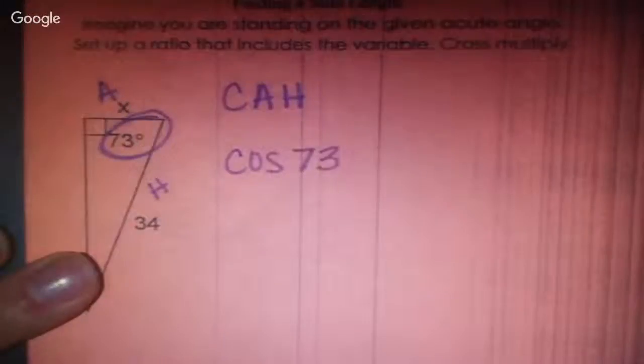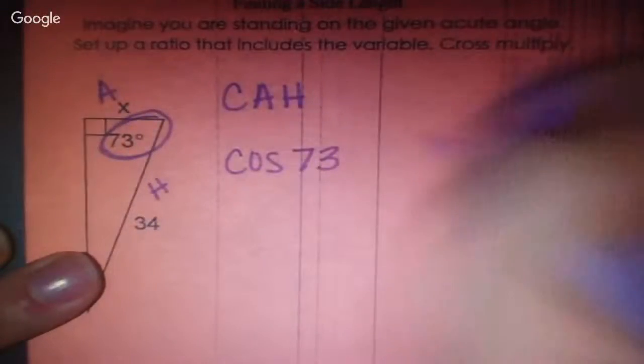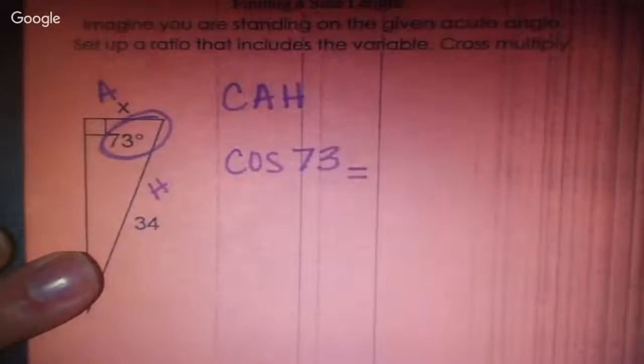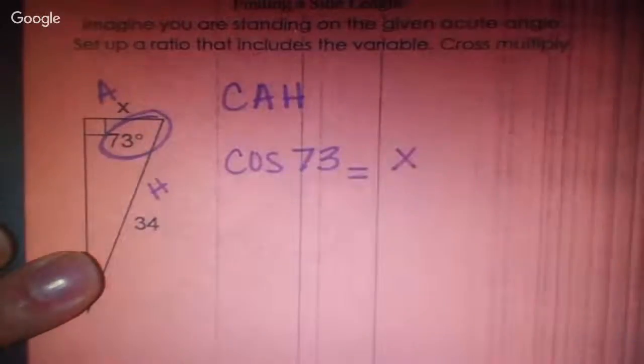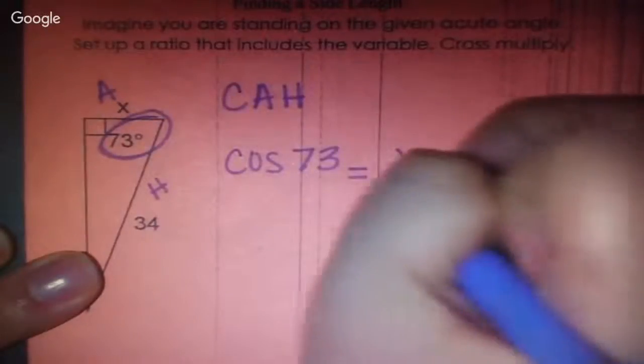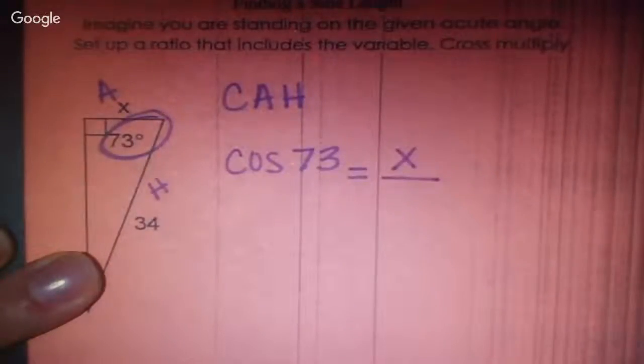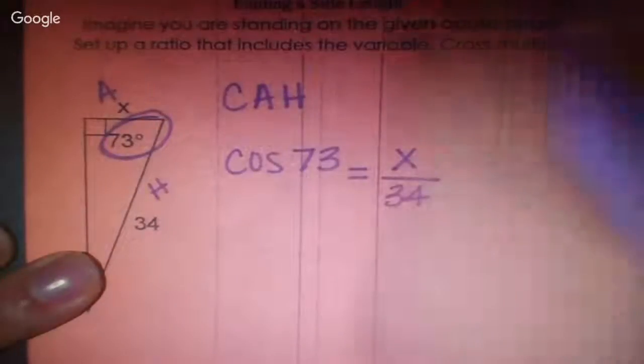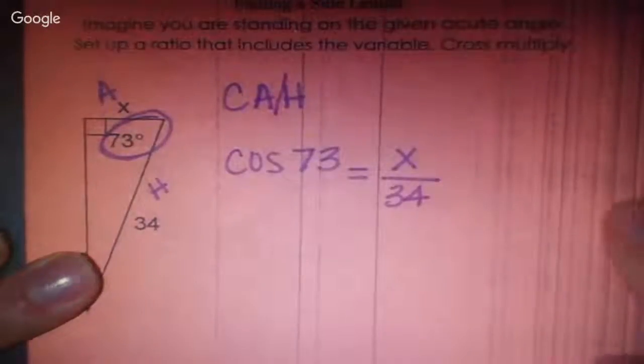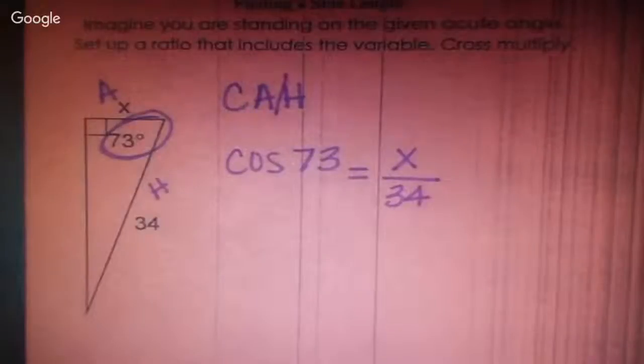So cosine of my angle, which I know is 73 degrees, should equal my adjacent, which is x, divided by 34. There's technically an unwritten division sign between A and H, and O and H, and O and A.